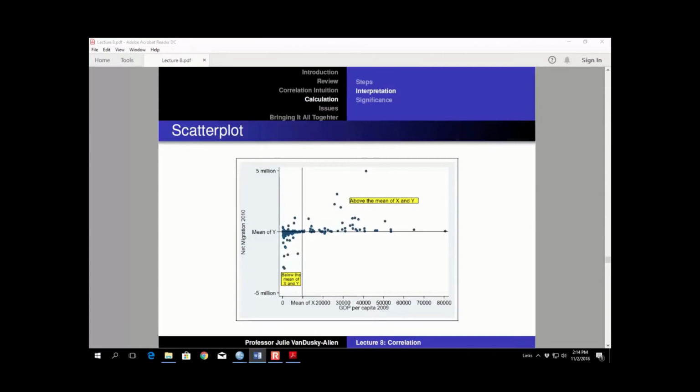Generally speaking, when an individual observation's GDP per capita is above its mean, net migration is above the mean. And when GDP per capita is below the mean, net migration is below the mean. However, the fact that this is only a positive relationship and not strongly positive means that some observations don't follow this pattern, like the observations in quadrant A.